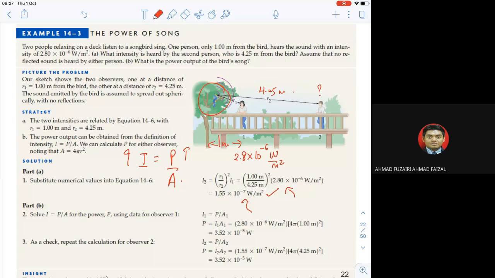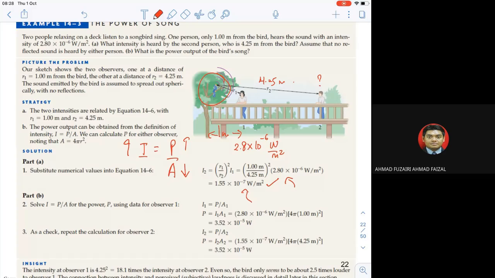But if the area decreases, we know that in that area we have a distance R. If the distance decreases, the intensity will increase. That is how they are inversely proportional. We need to understand that I and A are inversely proportional: if A is increased, then I should decrease, and if A is decreased, then I will increase.